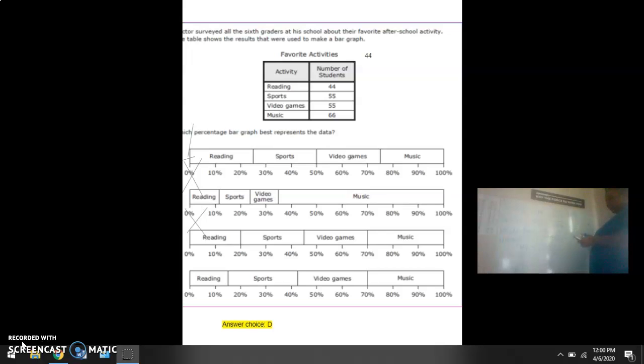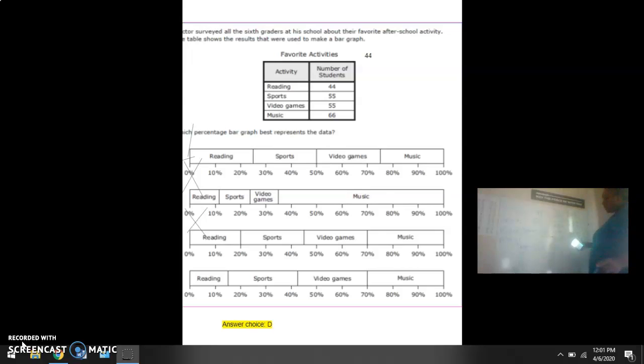Now I have 55. I have two 55s, which makes the second one easier. So 55 divided by 220 equals decimal 25, which is equivalent to 25%. Also, this is 55, so this is 25% too.